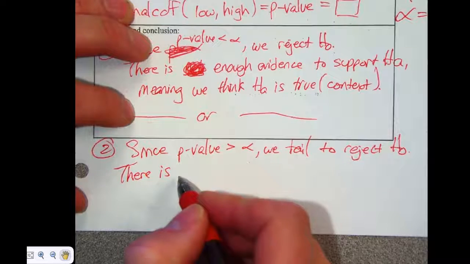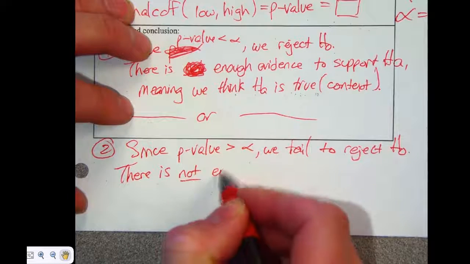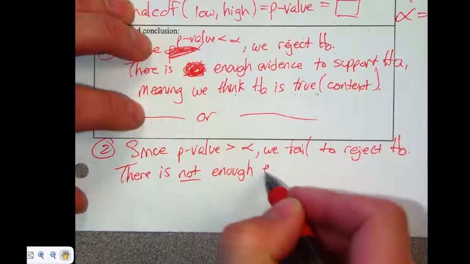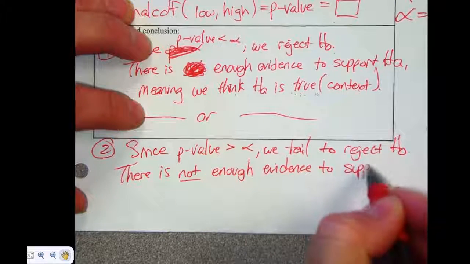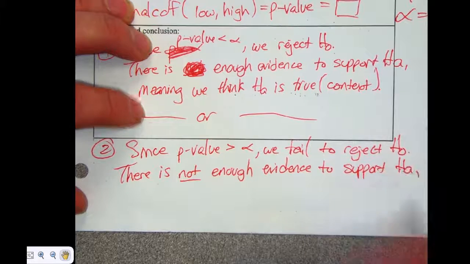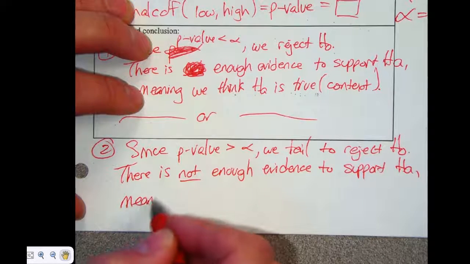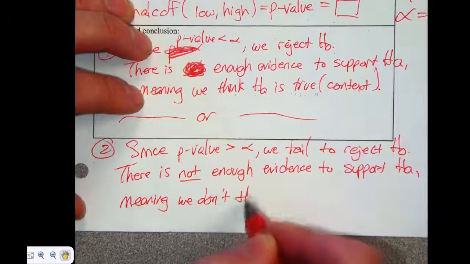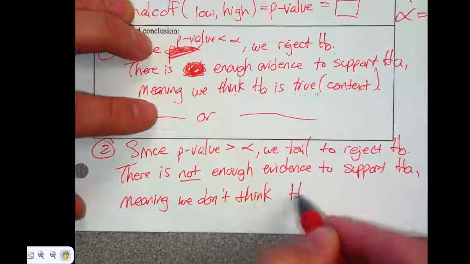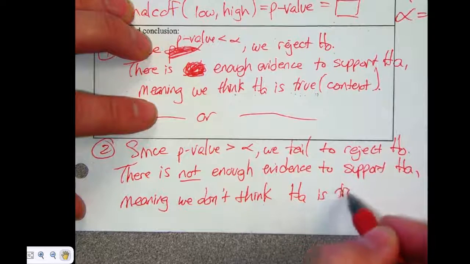So there is not enough evidence to support HA, meaning we don't think HA is true, but put it in context.